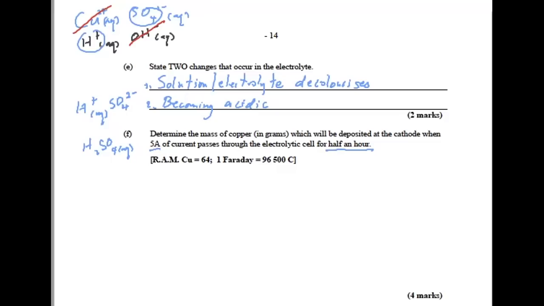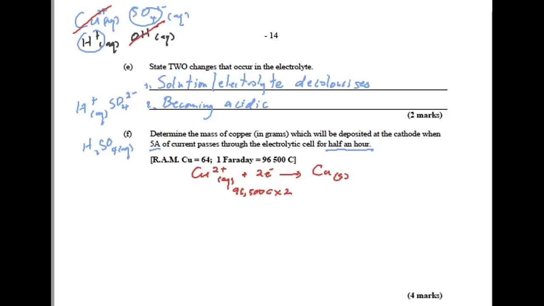So we have to write the equation for what's happening at the cathode. That's Cu 2 plus ions aqueous gaining 2 moles of electrons to give Cu solid. We get marks for stating that. So what does this mean? When 2 moles of electrons flow, that is equivalent to 96,500 coulombs times 2.